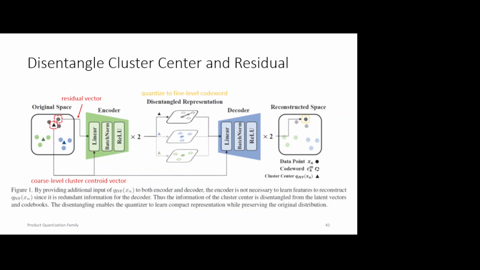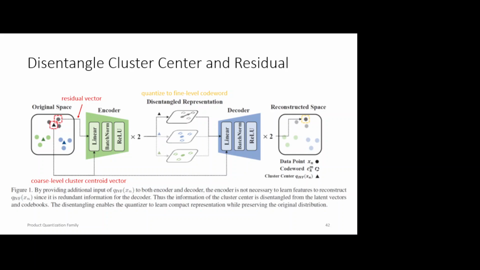And for any given data, suppose this data, because it belongs to this cluster, we can subtract it from its central to get its residual. Right? So it's the same process. This means we get the coarse cluster central vector and also the residual vector. Before, they were combined, they just added together.